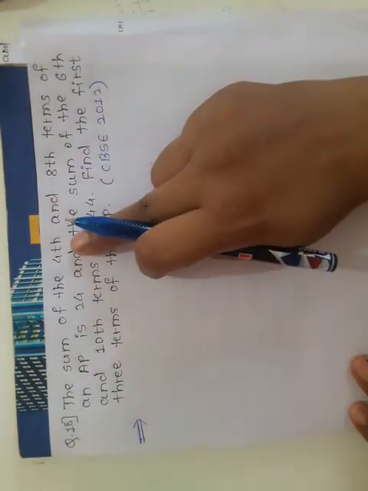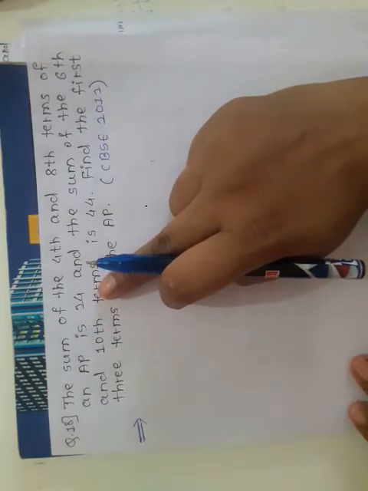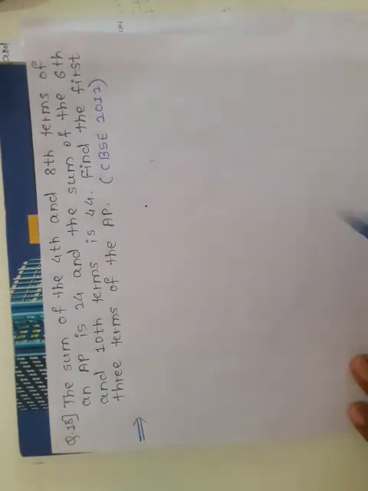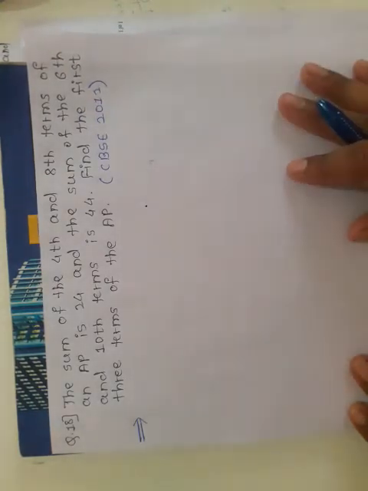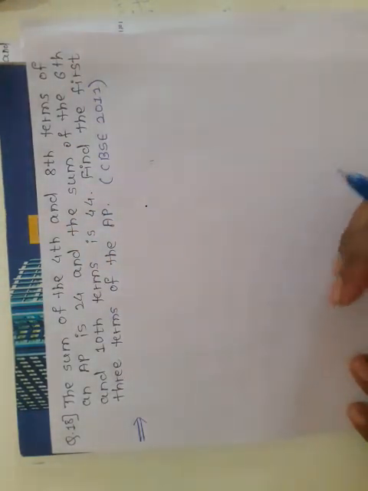Because the sum of fourth term and eighth term is 24 given to us, but the terms themselves are not given. Means what number is present on the fourth term and on the eighth term is not given to us. So first by using these conditions we have to find out the first term.